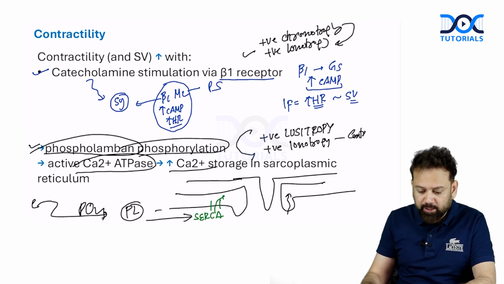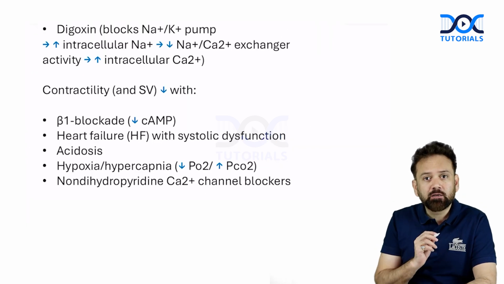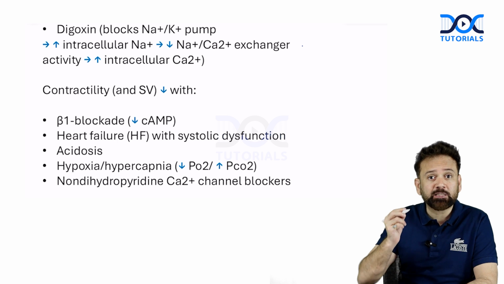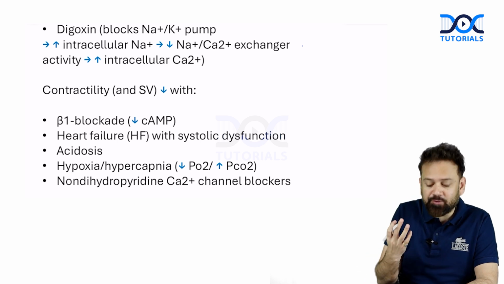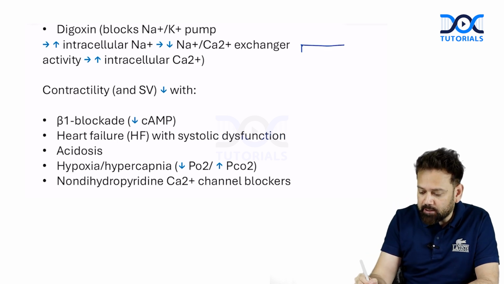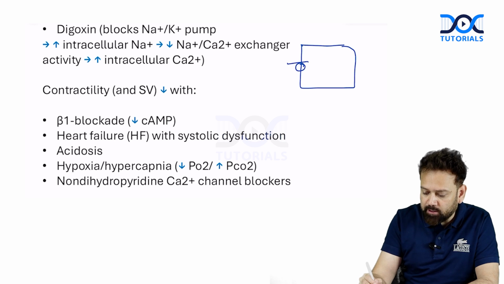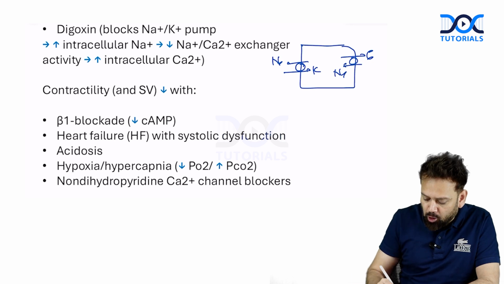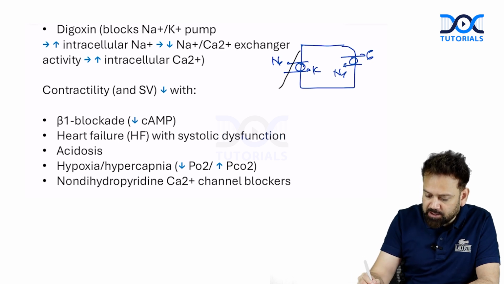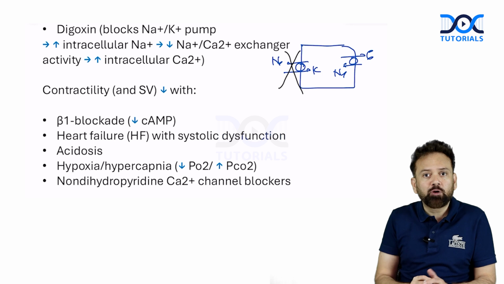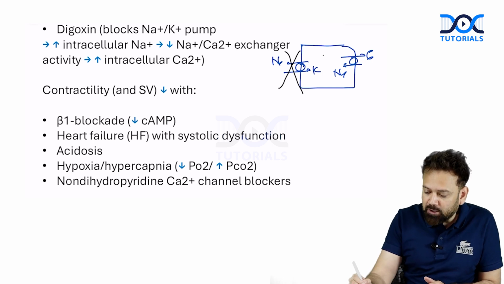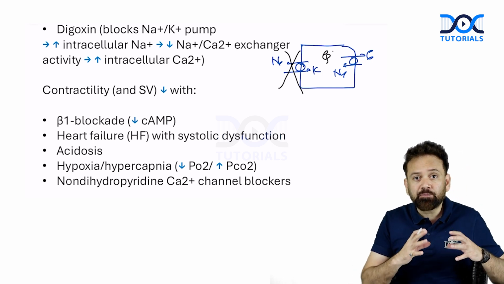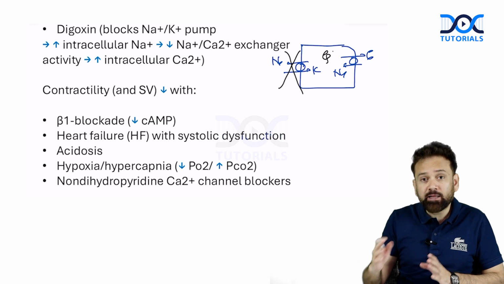Now, next point. We know about digoxin. Digoxin blocks the sodium potassium pump. So how is it increasing contractility? Suppose this is our heart, and on one side there is the sodium potassium pump, on the other side there is the sodium calcium exchanger. If digoxin blocks the sodium potassium pump, calcium will not go out, because the sodium potassium pump is giving energy to the sodium calcium exchanger.